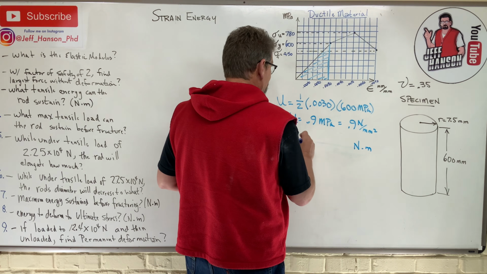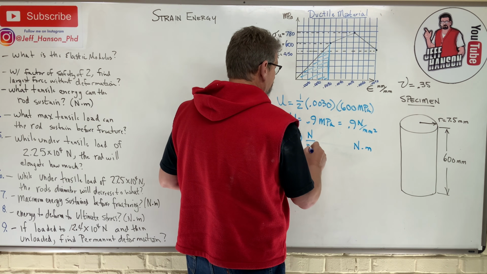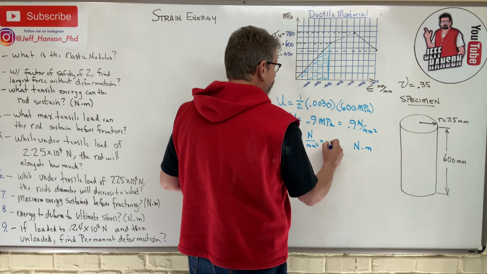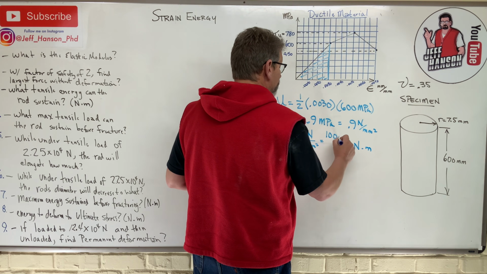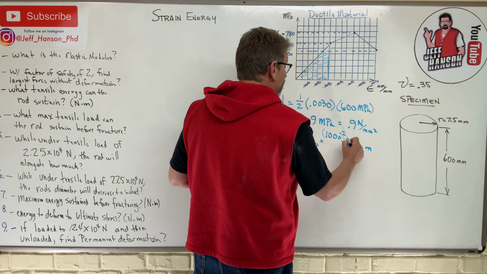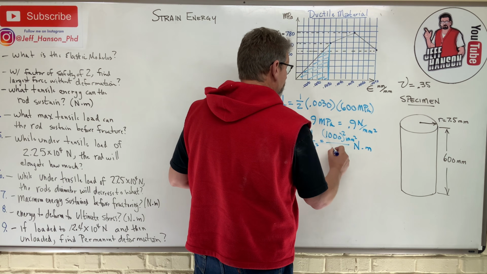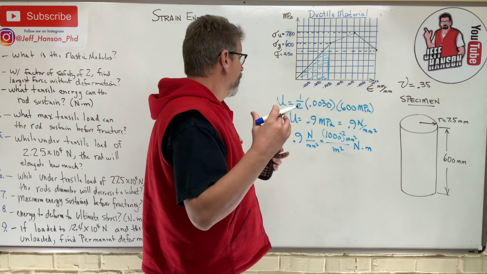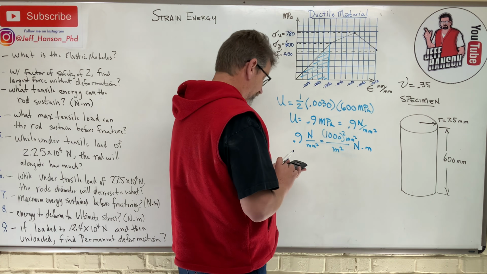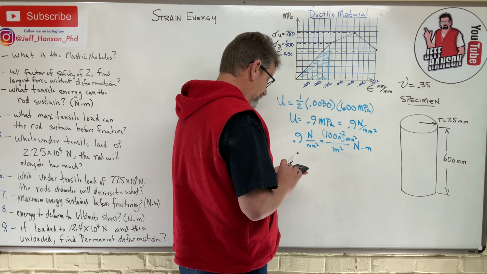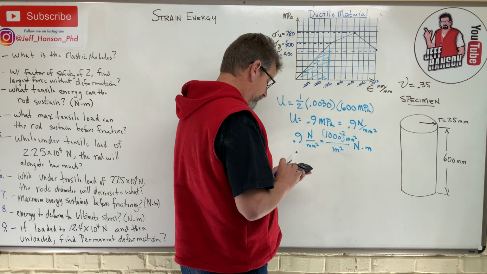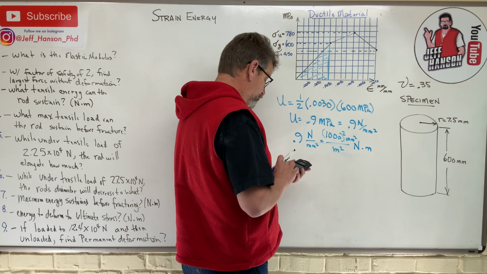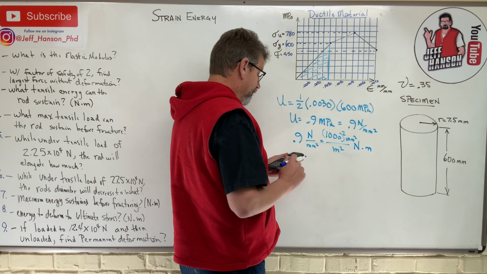So 0.9 newtons per millimeter squared equals, there are 1,000 millimeters squared per meter squared, right? So I'm just turning this into a Newton over meter squared. And so what is that? 0.9 times 1,000 squared equals a lot.